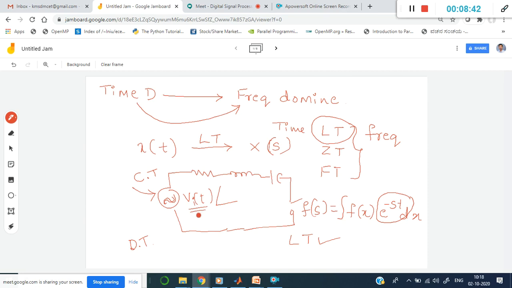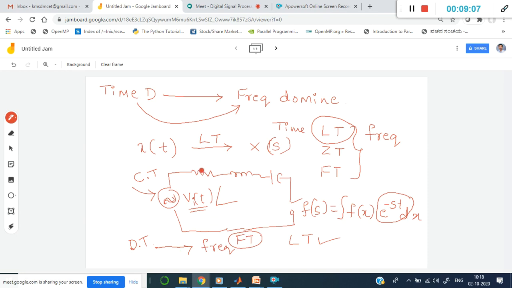If the signal is aperiodic, the way I took the example of your heartbeat or heart pulse, like the speech signal, all these are aperiodic signals. And if I want to move from time domain analysis to frequency domain analysis, in such cases I apply the Fourier transform.